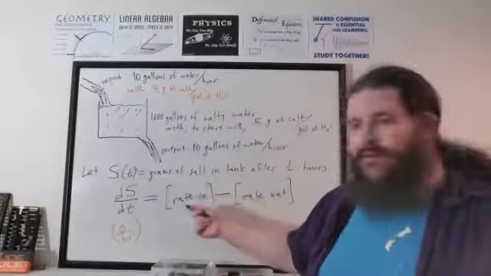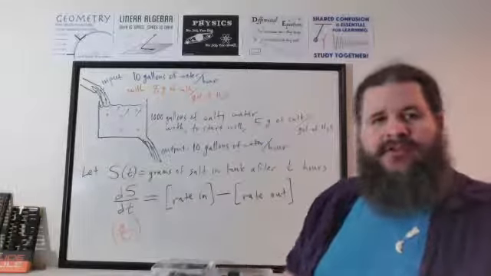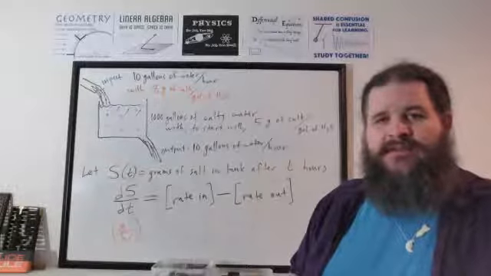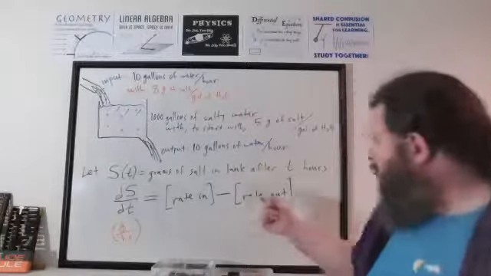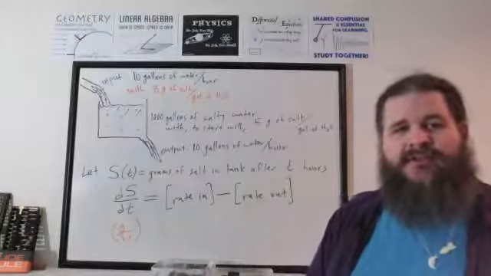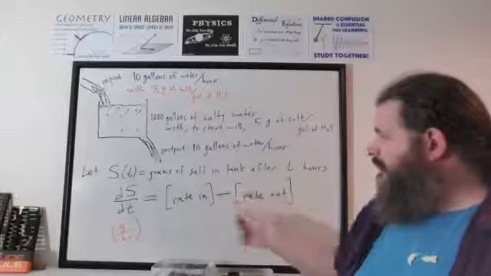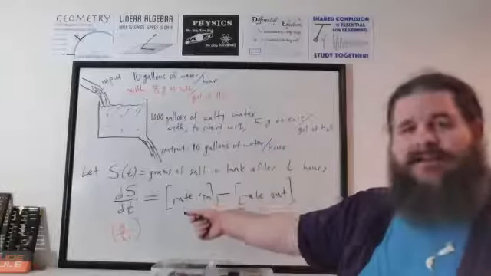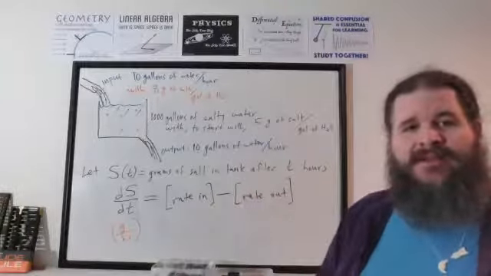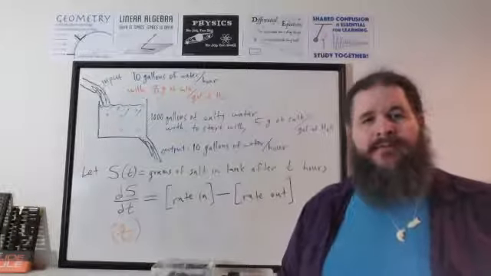This would be the rate at which heat flows into the building from outside, maybe also influenced by heaters or people in the building shedding body heat. And then rate out would be how fast does heat leave the building and how fast are air conditioners pumping heat out of the building. So as long as you take both of those into account, anything causing heat to enter the building minus anything causing heat to leave the building, you can set up a differential equation for heat flow and modeling the temperature of the building.